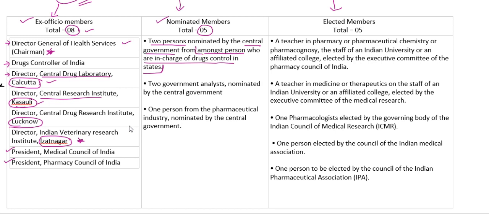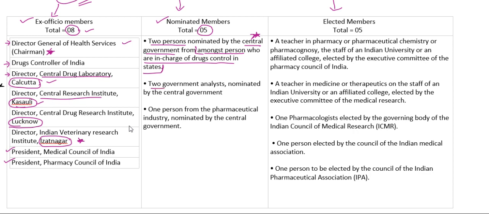At state level we see who is in charge of drugs control of the state, and from all the states we select 2 persons. So it is not the state government who is nominating, it is the central government who is nominating 2 persons from among the persons in charge of drugs control in the state.